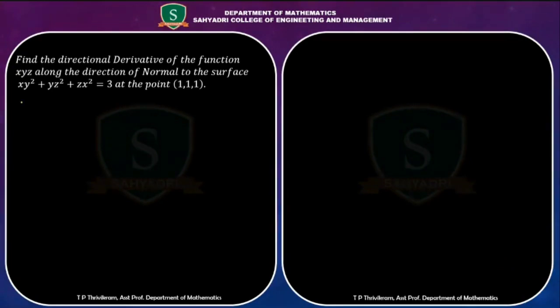So let us see this problem. Here they are asking to find the directional derivative of the function xyz along the direction of the normal to the surface, this, at the point.